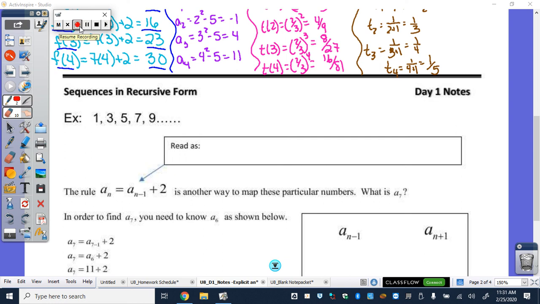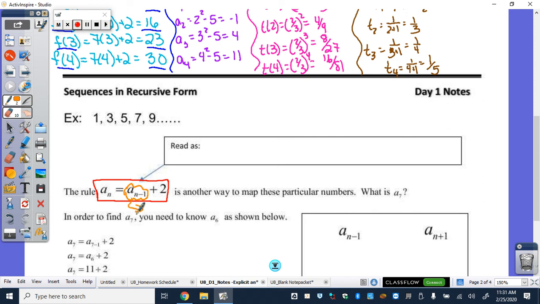So now picking back up, we're going to talk about recursive formulas. A recursive formula is another way to write the equation for a sequence, only it gets a little bit more complicated. Here is an example: a sub n equals a sub n minus 1 plus 2. If we think back to what I was saying on the other side of the page, what does a sub n minus 1 mean?